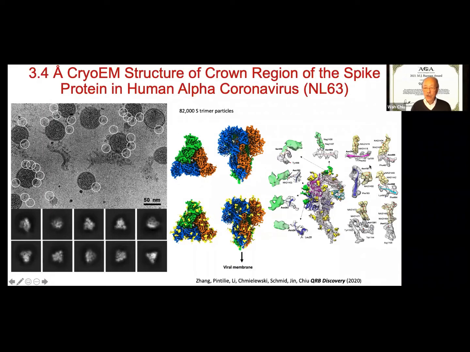In addition to those densities that match with the expressed protein, we also see additional density elsewhere that is depicted in green. It turned out that different viruses growing in different cells would have different glycosylations as a consequence.